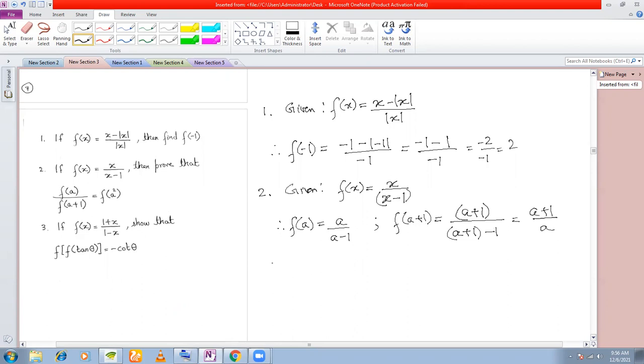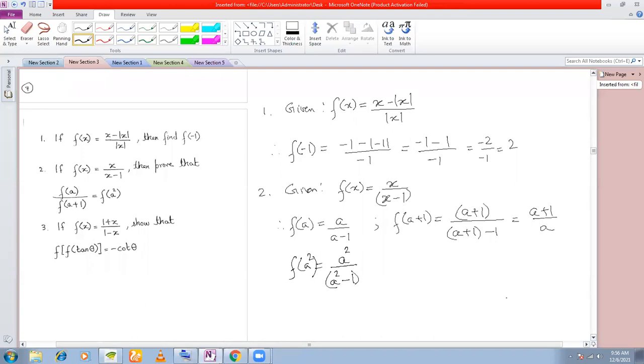Now you start with the left hand side. Left hand side is f(a) by f(a plus 1). Let's first find out f(a square). f(a square) is equal to, now you replace x by a square.